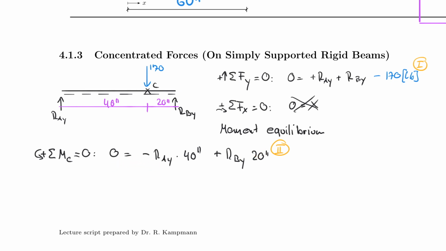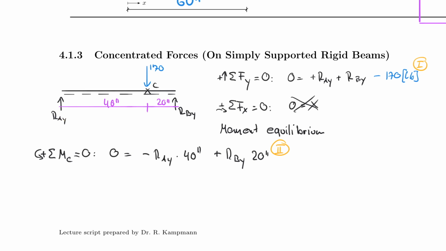We notice that 170 was not part of the equation because we would have a lever arm of 0, right? And so why can I not change the location to turn one of these into 0? So for example, if I take the sum of the moments about point B, then this one would disappear. If I take the sum of the moments about point A, then RA would disappear.